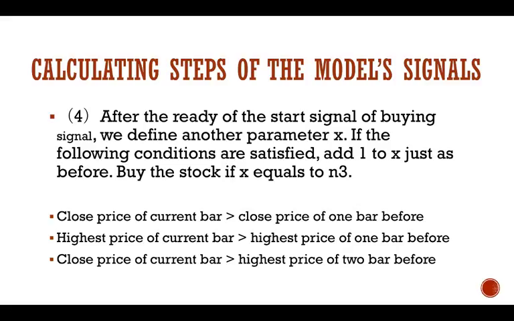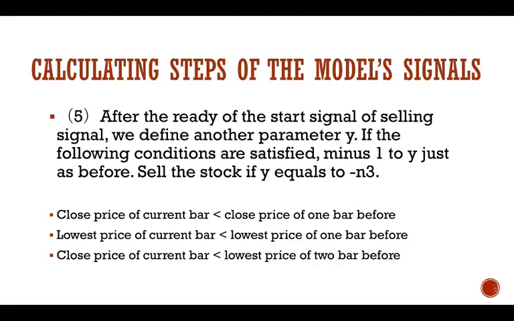The fourth step. After the start of buying signal is ready, we define another parameter x. If the following conditions are satisfied, add 1 to x as before. Buy the stock if x equals N3.